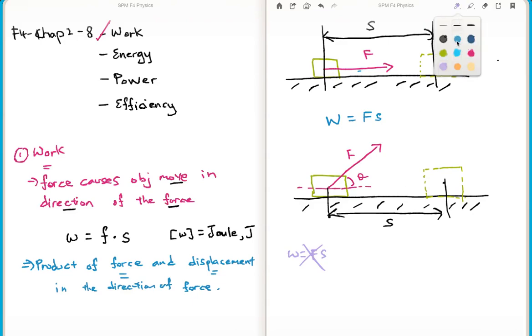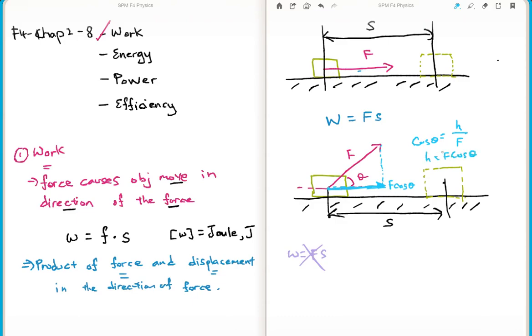So all you need to do is get this force, I mean, what is this horizontal force? Because the object travels from left to right. So therefore, this horizontal force is actually F cos theta, because cos theta is the horizontal over F. So the horizontal is F cos theta.